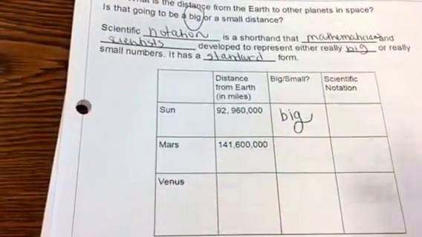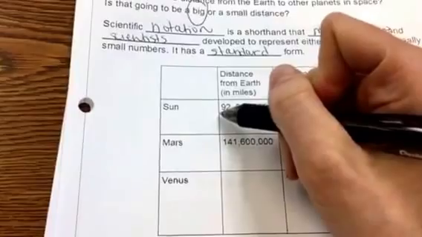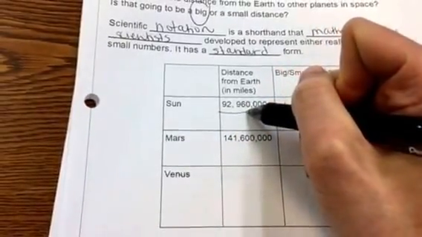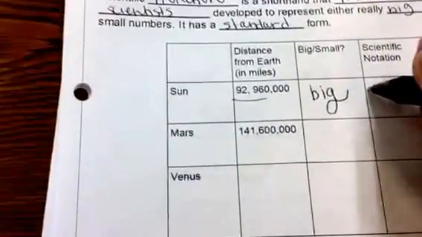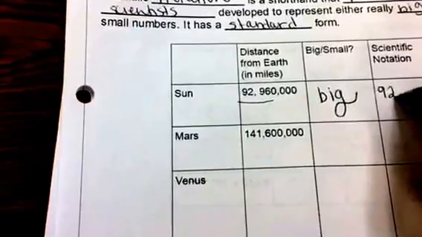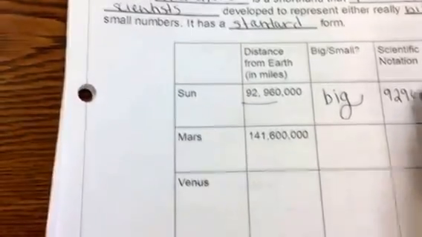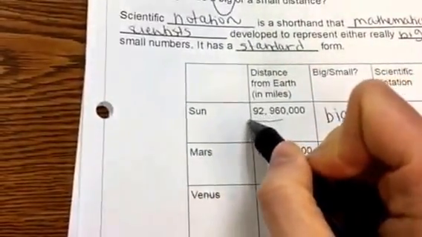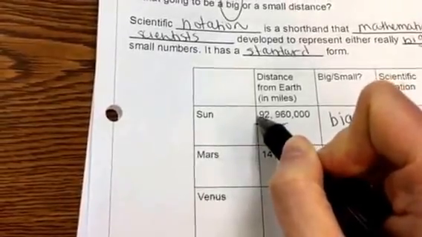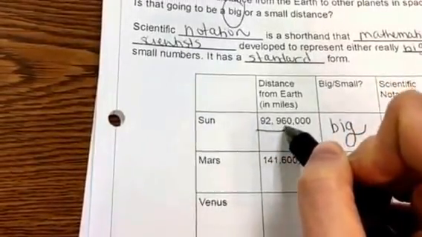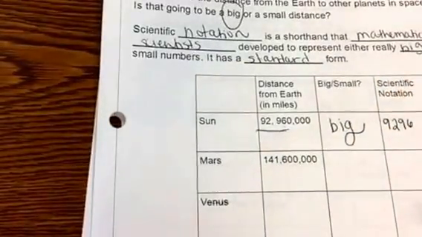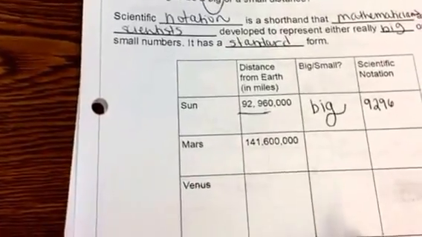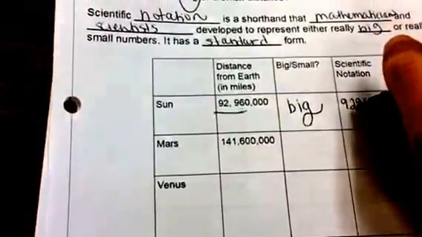The first thing they did is they said, well, I'm going to include all the digits that I have here. So here you can see I have a 9, 2, 9, and 6, okay? And I got those digits from these 4 digits right here, 9, 2, 9, and 6. The other thing that the scientist said was, I'm going to put a decimal point after my first number.